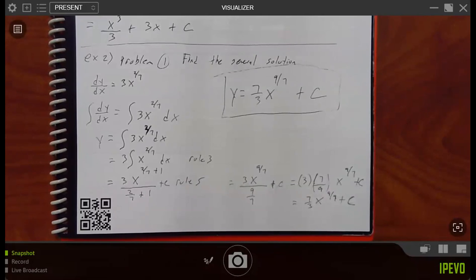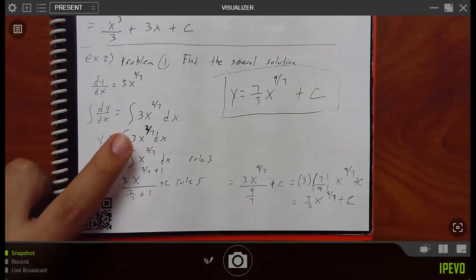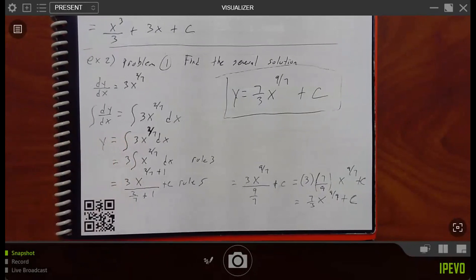I like to think of it as reminding me what variable I'm integrating with respect to. Which doesn't matter in this class, but in Cal 3 or whatever, you integrate functions with respect to different variables, because usually you're dealing in 3D. No, I guess we'll talk about that later.